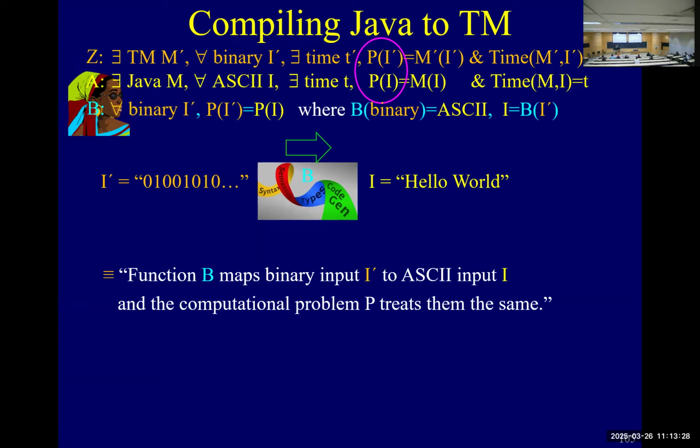And what are we saying? For every binary input, you translate it over to ASCII, and the problem does the same, right? Is it too loud? It's a little, okay. Everybody see what we're doing here? I'm just throwing in fun things that we know in computer science, right?